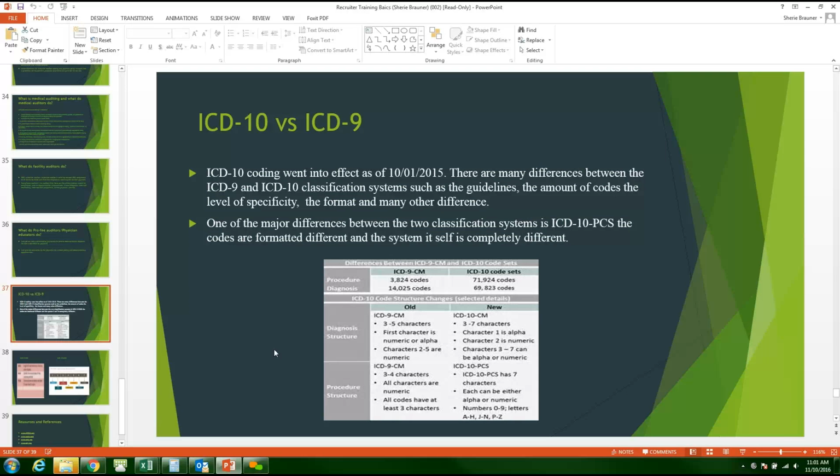For example, if you look at the bottom box, it has ICD-10 code sets on the right side, and ICD-9-CM on the left. You can tell that it really changed a lot. The ICD-10 codes are way more specific, and the great news about that is that it's more likely there won't be denials because the codes are so specific.